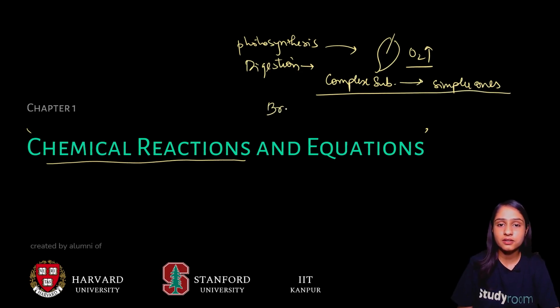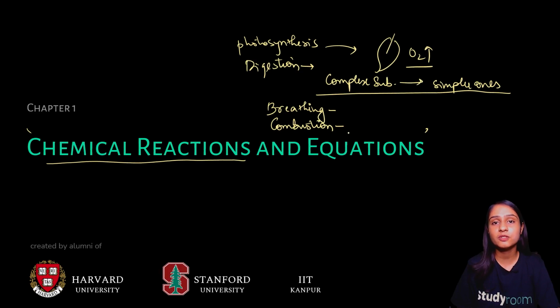Also breathing: how every tissue is getting oxygen, and we are releasing CO2. So some chemical reactions must be taking place, right? And take an example of combustion. An energetic molecule along with the atmospheric oxygen releases energy in the form of fire. So there must be a process behind it.